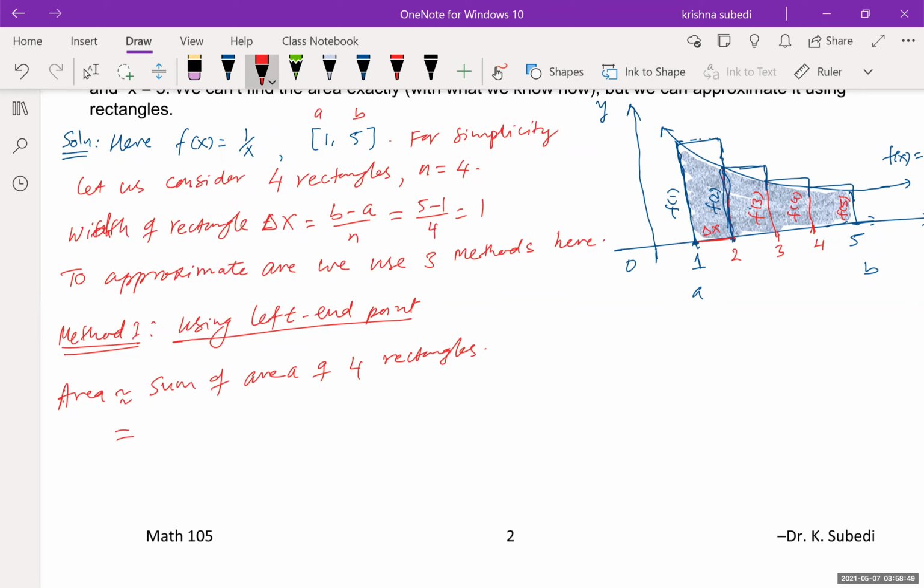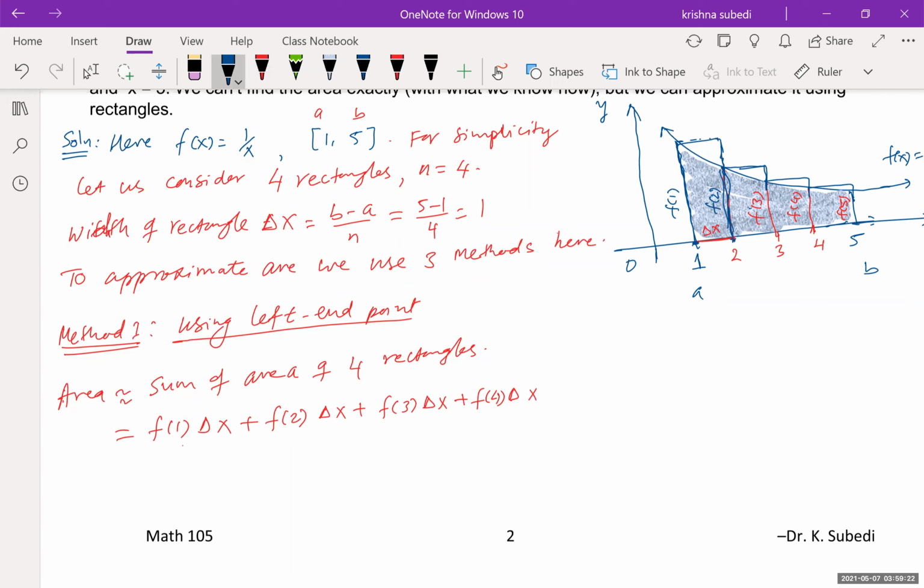So let us find the area of the first rectangle, which is f of 1 times delta x, plus the second one, f of 2 times delta x. Third one is f of 3 times delta x. And the last one is f of 4 times delta x. So the area of the first rectangle, second rectangle, third rectangle, fourth rectangle.